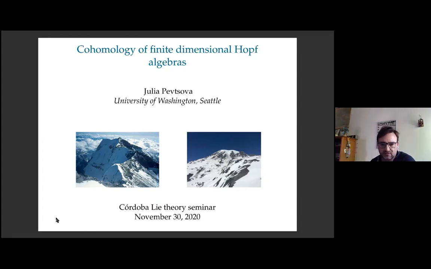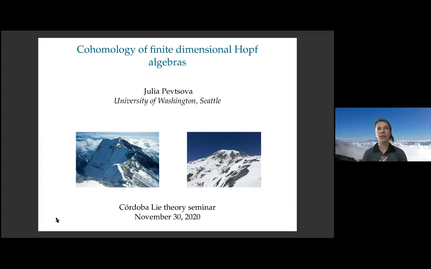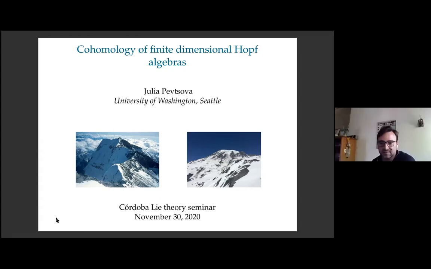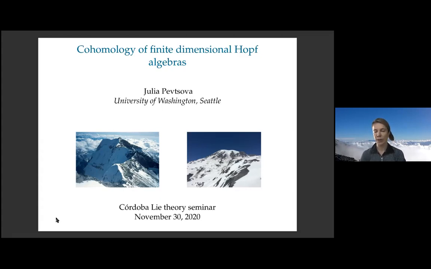And before that, you mentioned a theorem, but I don't remember for which Hopf algebra. There is a general theorem in the co-commutative case: if you have a finite dimensional co-commutative Hopf algebra, then the spectrum is always the Proj of cohomology.